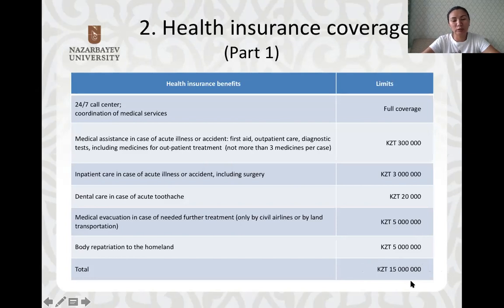One important note: international students will obtain this health insurance upon arrival, because this health insurance is developed in order to obtain medical services here in Kazakhstan, and it will not be effective in your country.